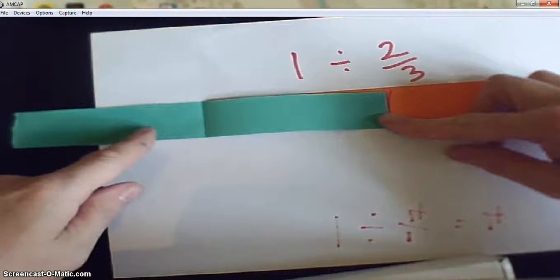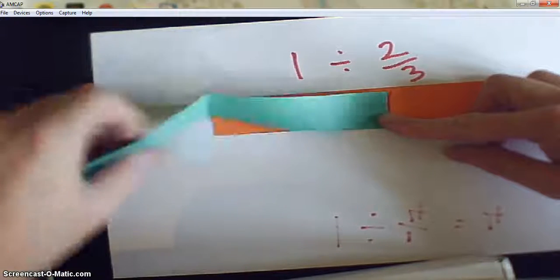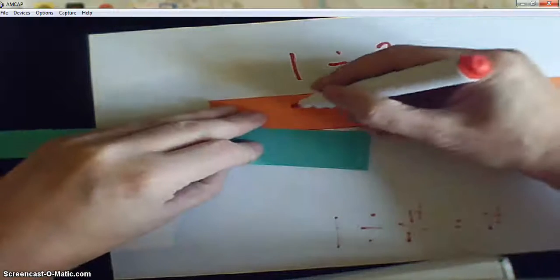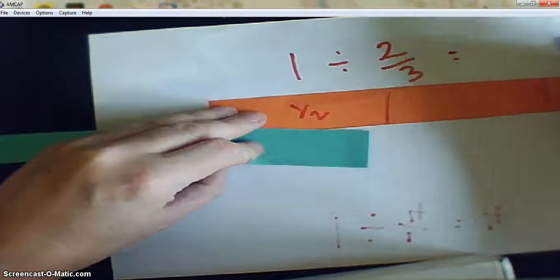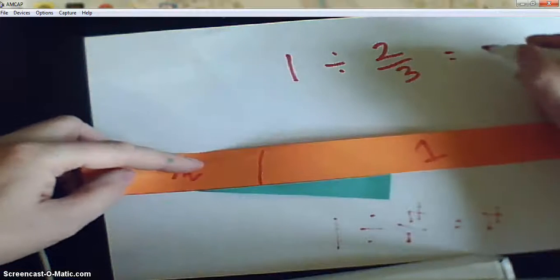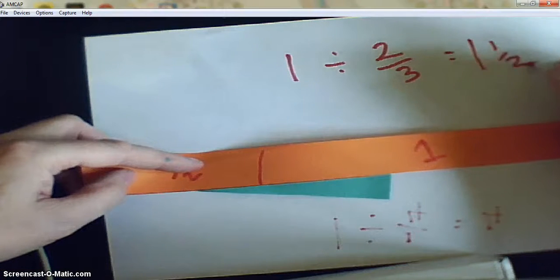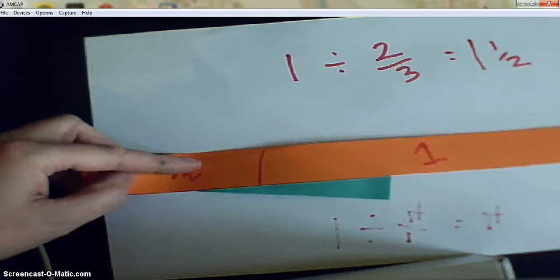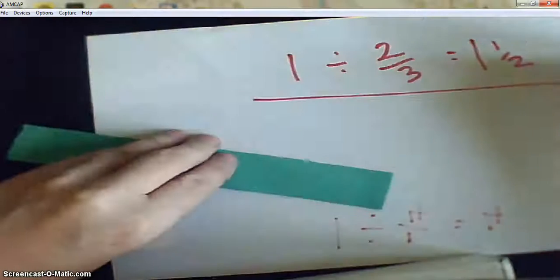Well, it's 1 out of 2, it fits in a half. So I could say, 1 divided by 2 thirds actually fits in 1 and a half times. No flipping of fractions, no mysterious things going on with how we do this. That comes later when they're conceptually understood. I'll do one more and then have a go at your own.